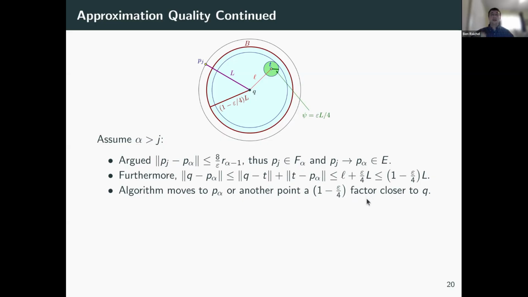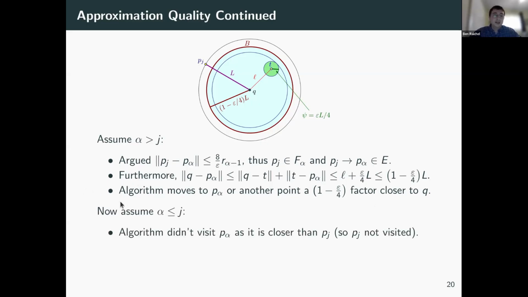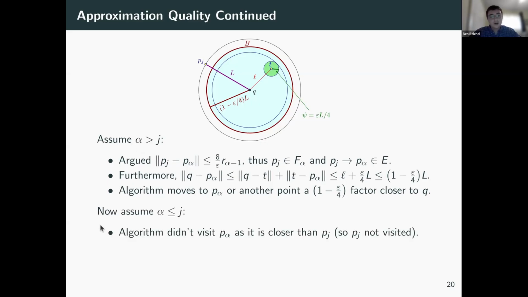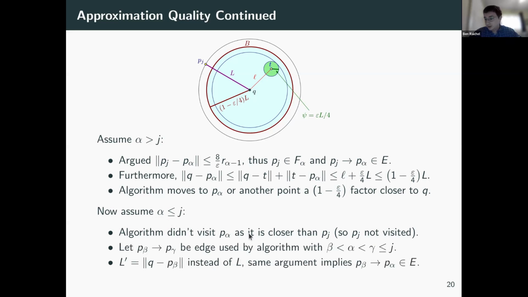So this basically says I'm going to succeed. And this was assuming alpha is greater than j. It's not too hard to argue that actually alpha has to be less than or equal to j. Maybe let me skip that, because I'm kind of running low on time.